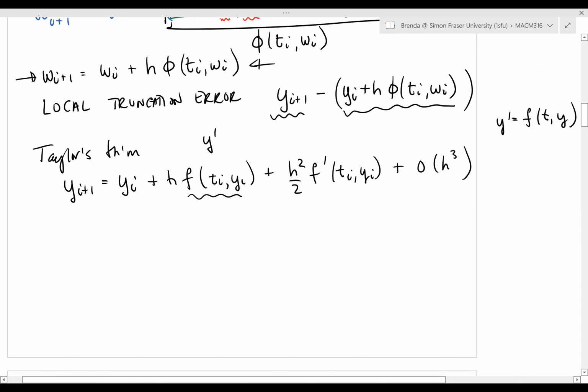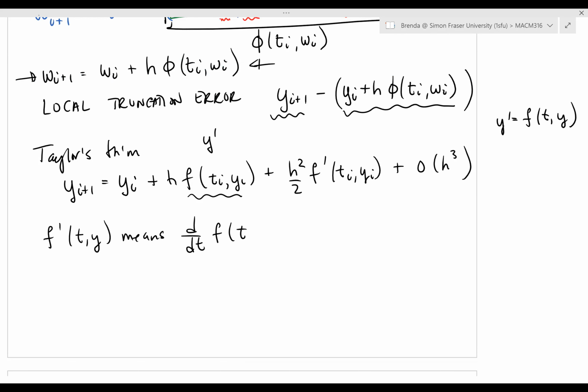Let's look at f prime at t, y. f prime at t, y means what? The derivative with respect to t of f of t and y. And let's make it obvious, or note to ourselves, that y is itself a function of time.